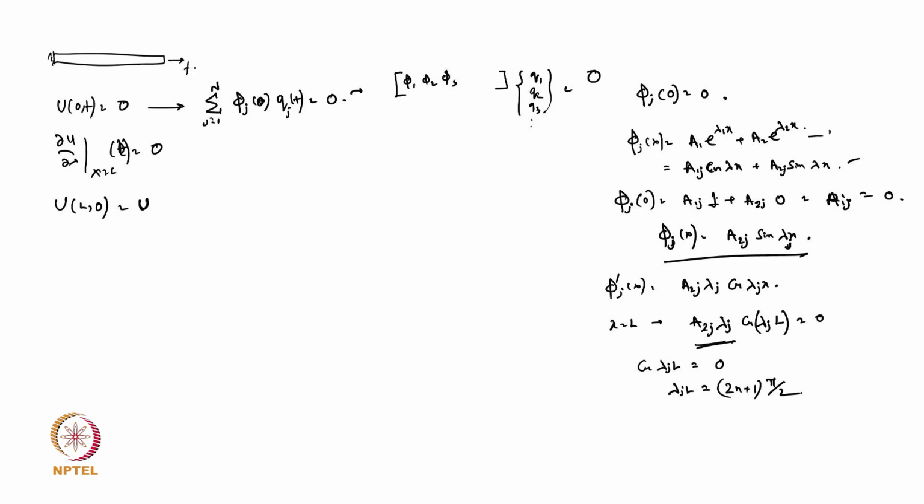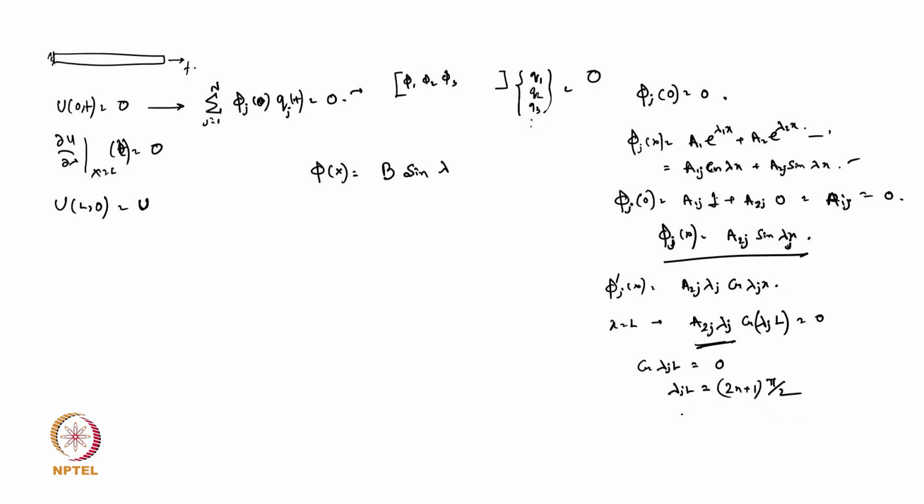So what should be your phi? So phi of x should be some constant number. Maybe I should not put a, actually, maybe I should put it b, because a is the area, but don't get confused with that. So b into sine of lambda.